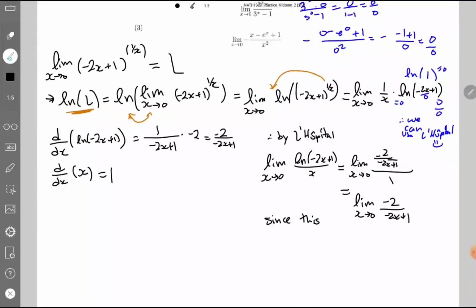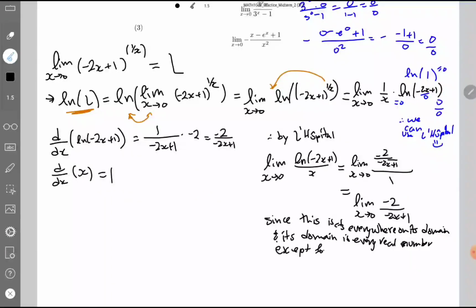Since this is continuous everywhere on its domain, and its domain is every real number except, I think in this case, 1/2, because 1/2 will give me a problem.